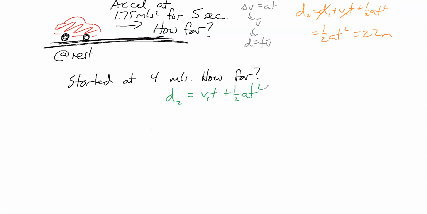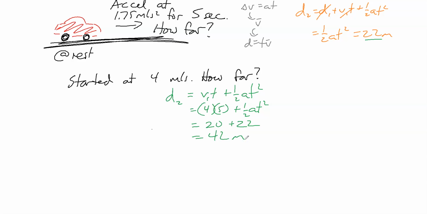My V1 is the 4, that's the initial V. The time is still 5 seconds, so this is of course 20 meters. Then I do the 1/2 AT squared all over again. It's the same acceleration and the same time, so it's still going to give me that 22. So then my total distance would be 42 meters.